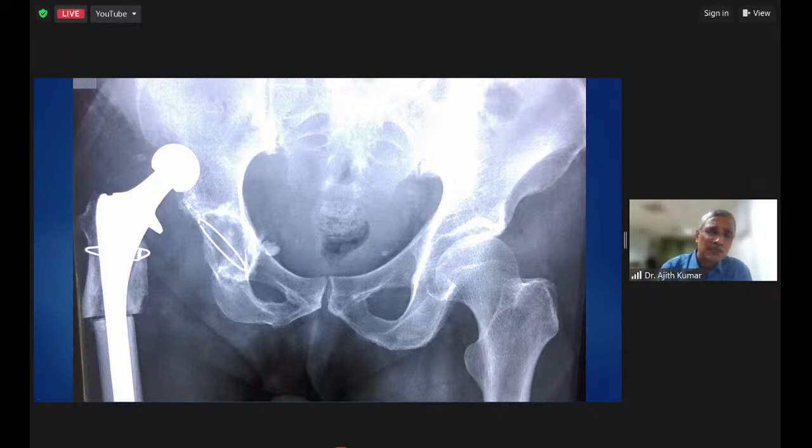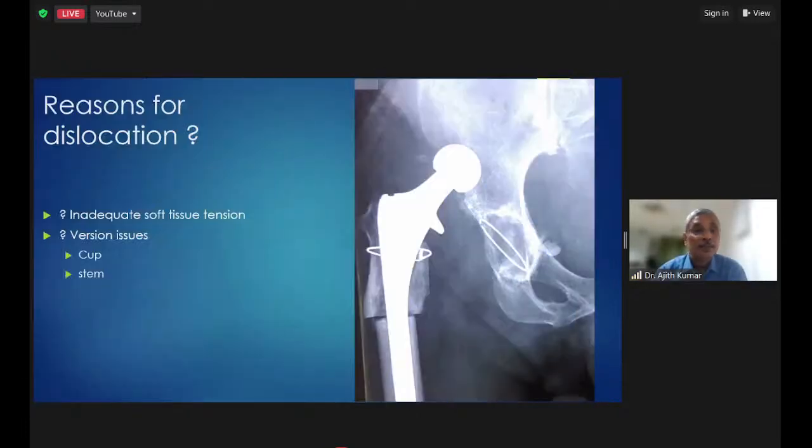I think most of us, with the first dislocation, would take them to the theater, reduce it, and reassess on table. Again, I found that on table he was perfectly stable in any major direction that I put the hip through, so I did not do any further imaging or X-rays.